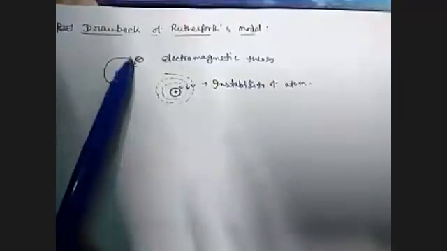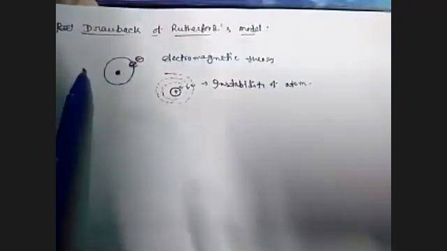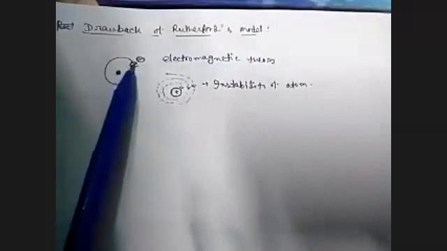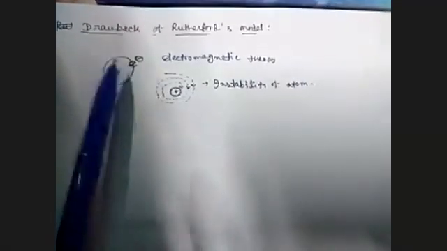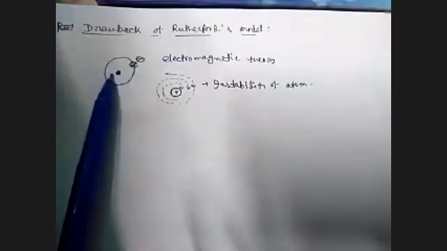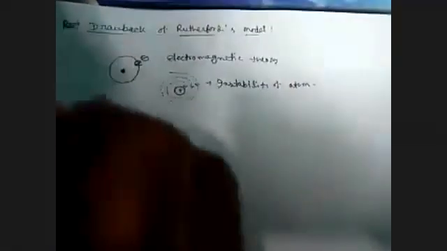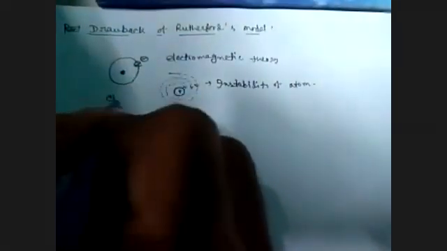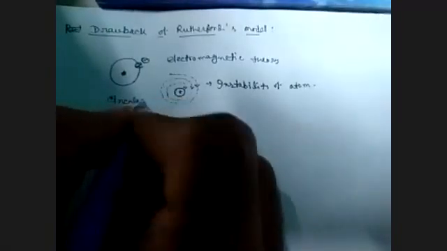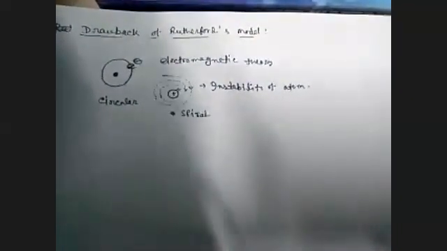The electron is moving continuously, so it will release its energy continuously. Continuously it comes closer to the nucleus, and the path becomes circular to spiral, and at the end it will collapse into the nucleus, which makes the atom unstable.